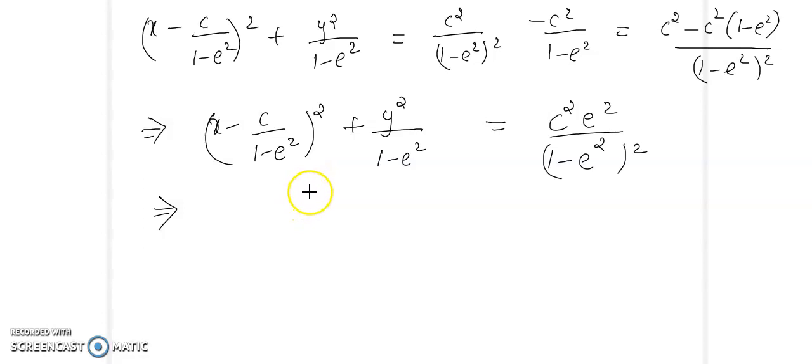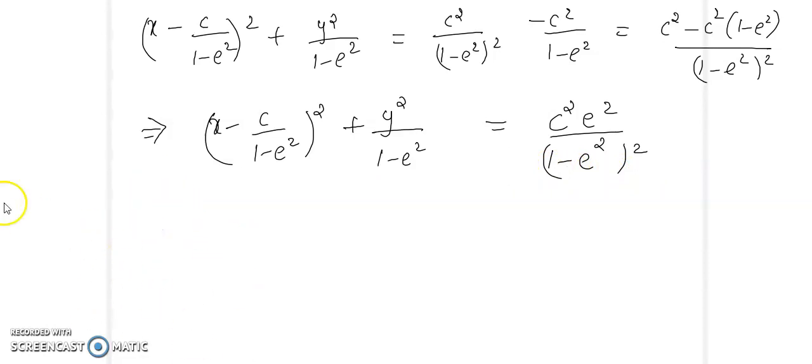So that will give us the transformation. Under the transformation, that is going to give us the new equation. So you will get x square plus Y square by 1 minus E square equal to E square C square by 1 minus E square the whole square.